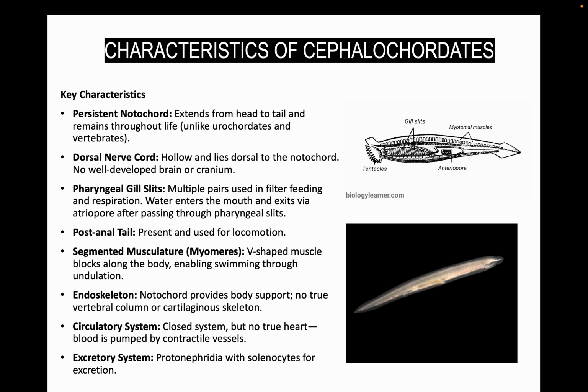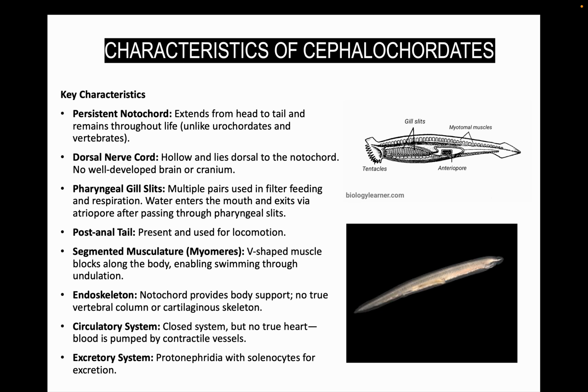A post-anal tail is also present in the adult animal and used primarily for locomotion. The myomeres, the segmented musculature of cephalochordata, appear as blocks along the body of the animal, allowing the animal to swim, since they are mostly aquatic, via undulating movement. They don't really swim similar to how fishes do it because they don't have fins.